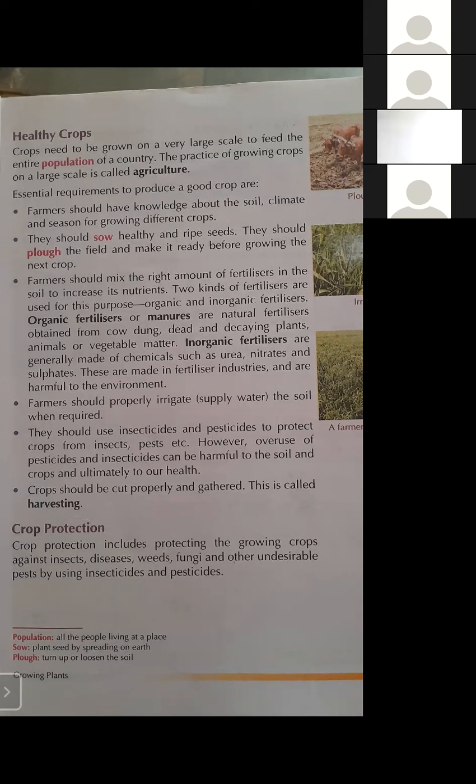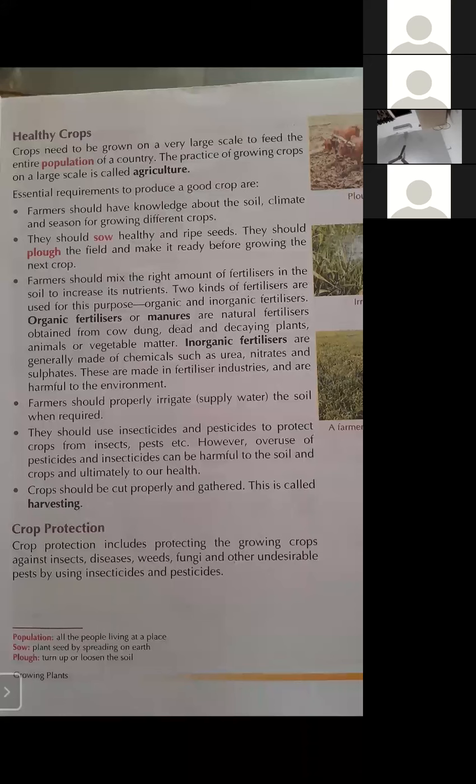What are weeds? Weeds are unwanted plants which grow with the main crop, like when we are growing a wheat crop. Wheat is the main crop, but some other plants also grow along with it.